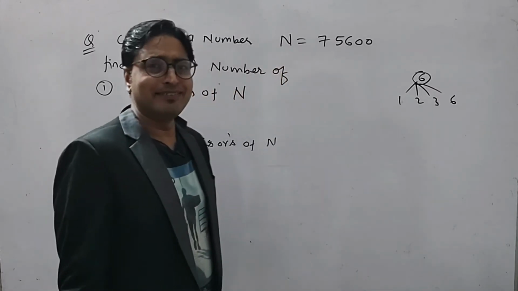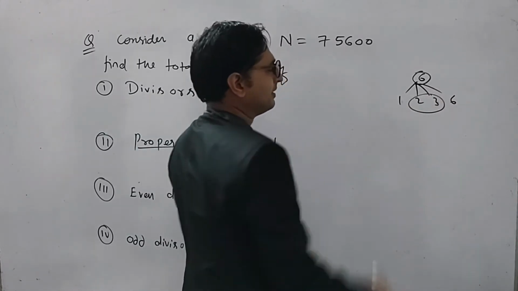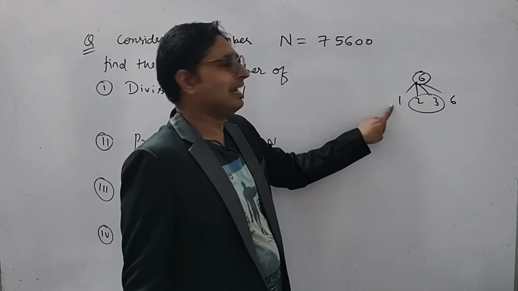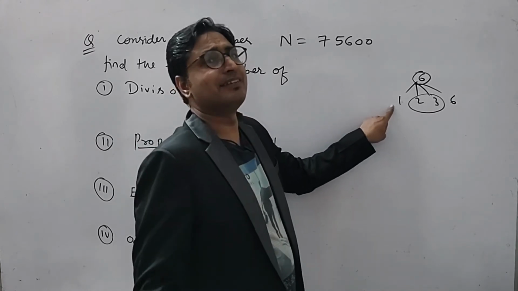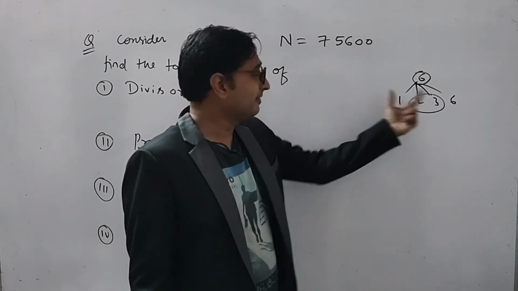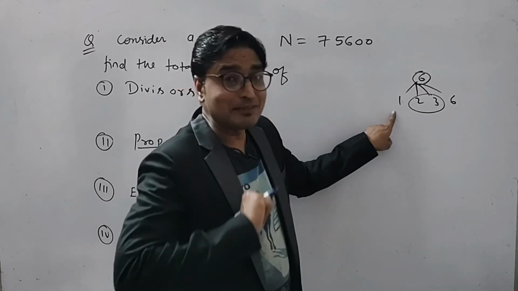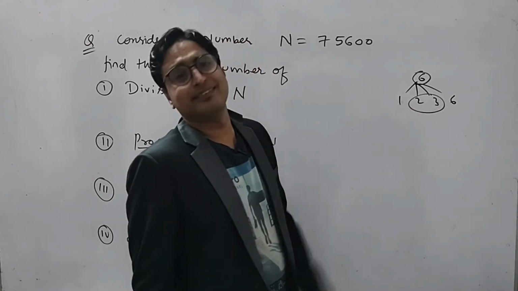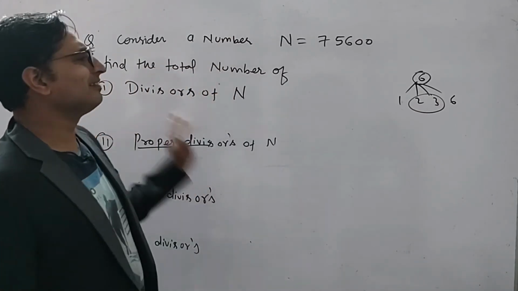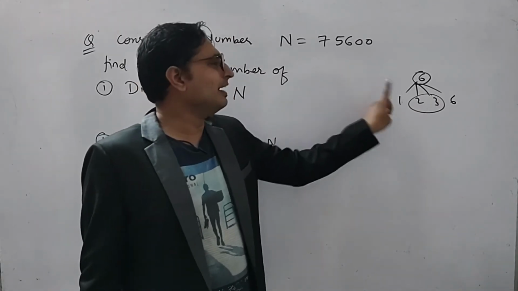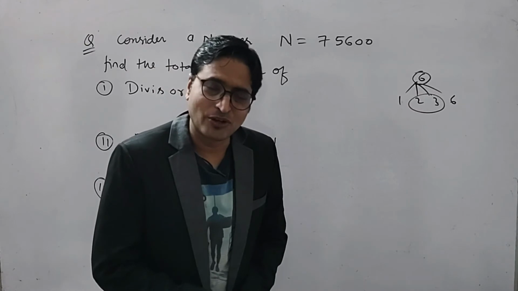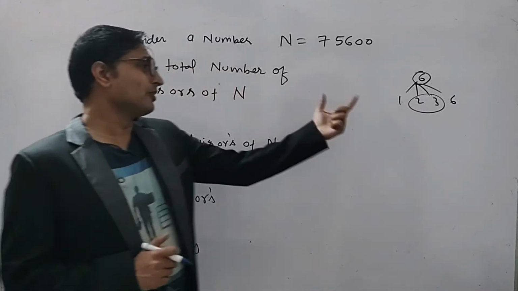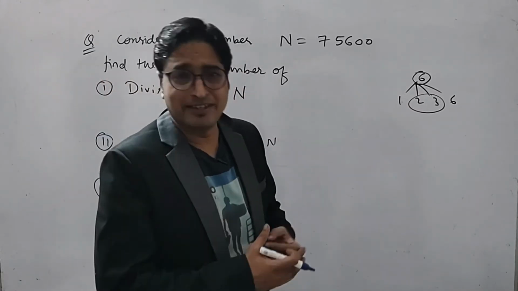So how many proper divisors are there? 2 and 3, because the number itself and 1 are not proper divisors of any number. So the proper divisors will be 2 and 3, and the total divisors of 6 will be 1, 2, 3 and 6. Now you can understand the meaning of proper divisor.